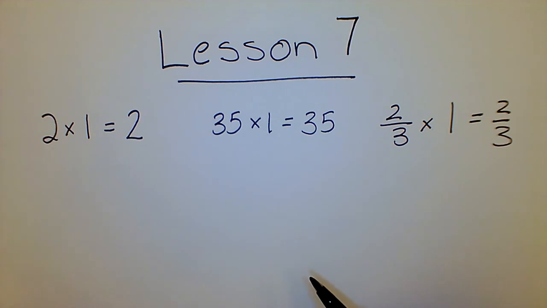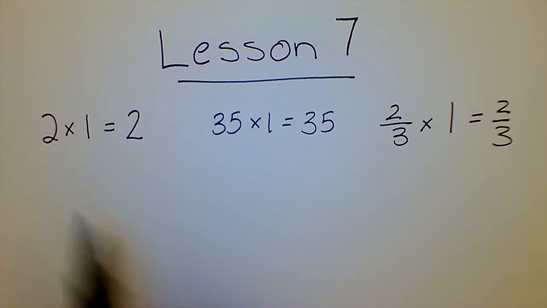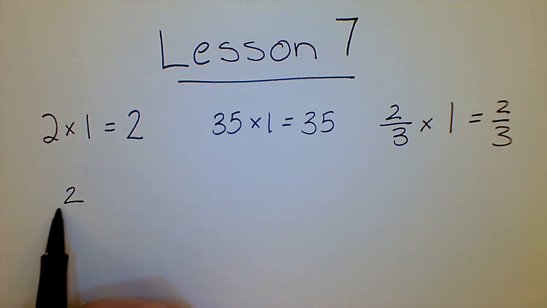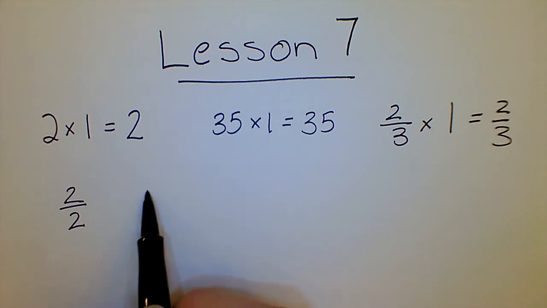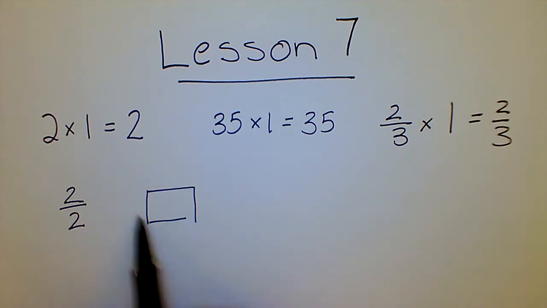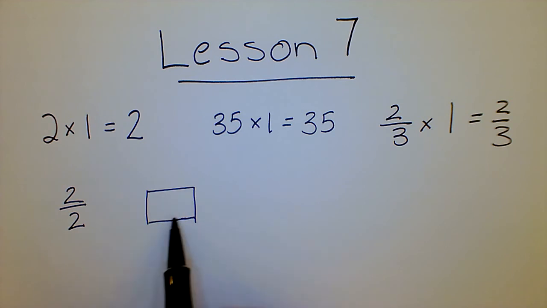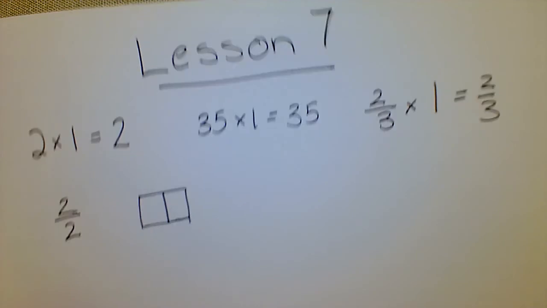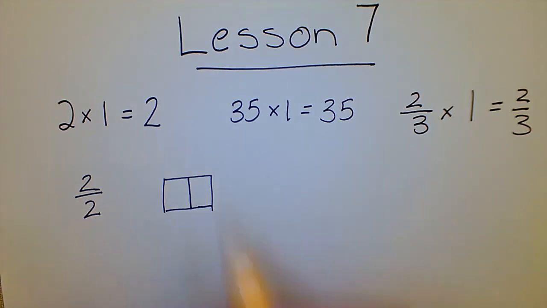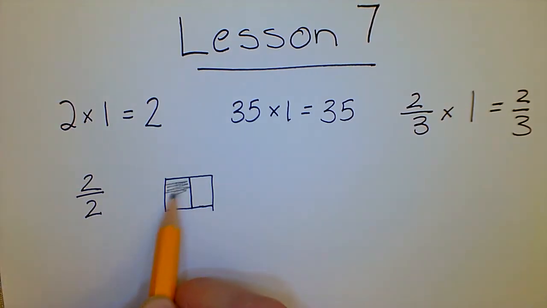Now, let's think about fractions for a second. When I have 2 over 2, or 2 halves, what does that really mean? It means that my whole, so this represents 1 whole, my 1 whole is divided into 2 pieces. We know that because the denominator is 2. What else do I know? I know that I actually have both those pieces.